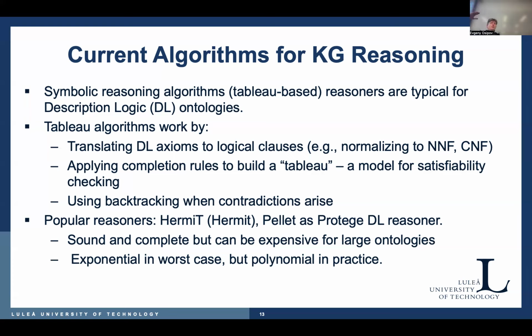You always start with assertions about individuals, and for a given assertion of a fact, you need to verify that this assertion is supported by the knowledge base, in exactly the same manner as we talked about model checking for predicate logic.